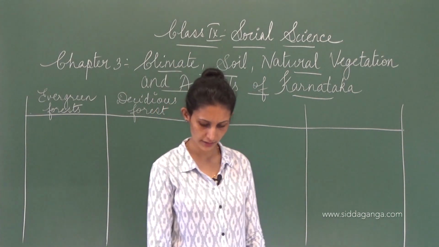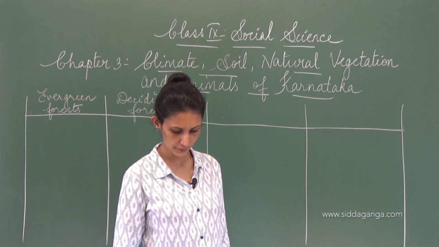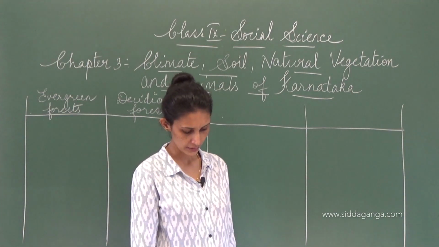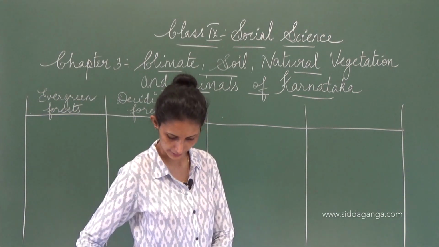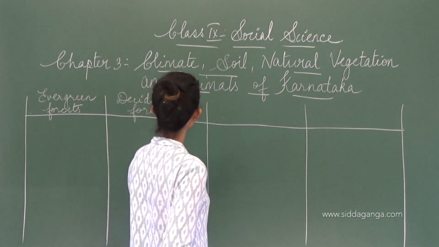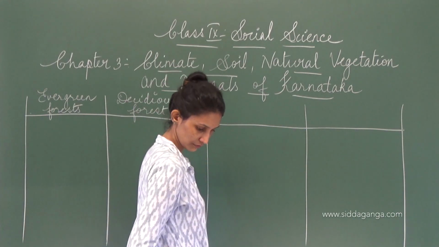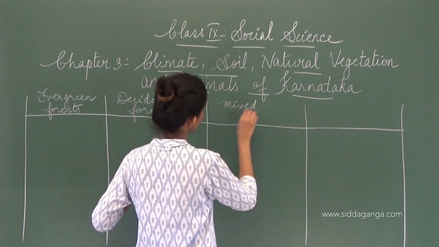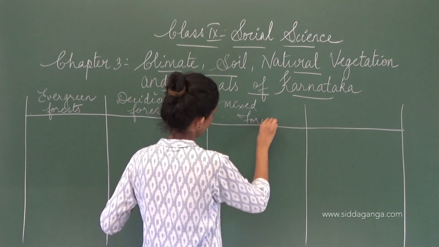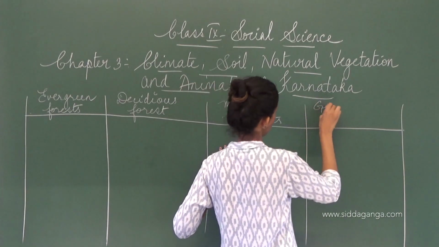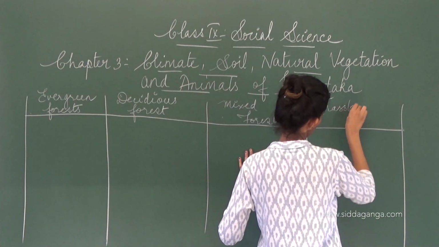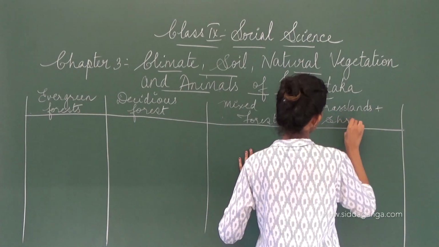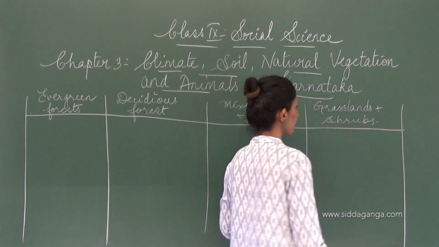After that is mixed forest. Write down mixed forest. Then grasslands and shrubs. I hope you have written this much.